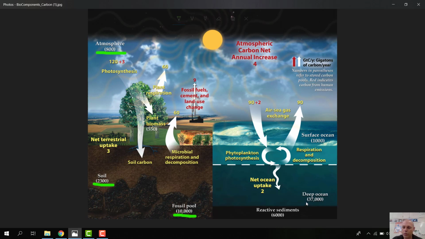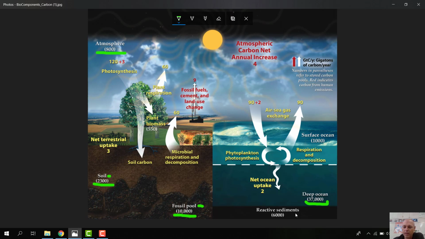If we look at the ocean, especially the deep ocean down here, there's a huge, huge amount. Now, the deep ocean still doesn't have as much carbon as the entire solid rocky Earth, but these numbers over here with soil and fossil pool are just talking about one part of the solid Earth. Okay. So anyways, deep ocean, again, quite a bit more carbon stored in the deep ocean than in the atmosphere.